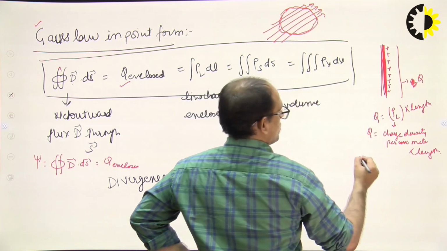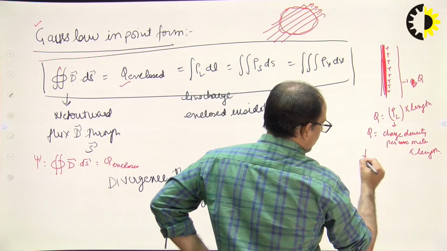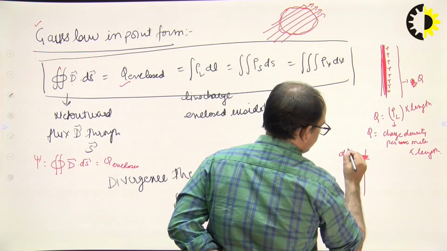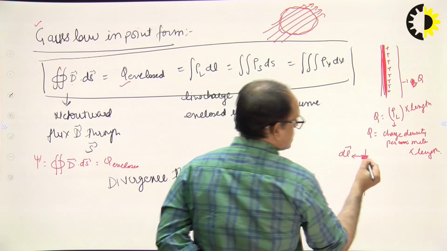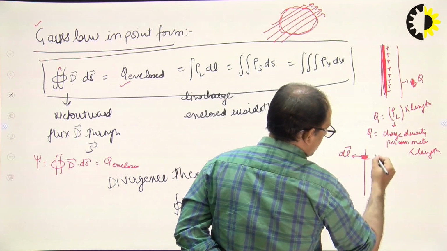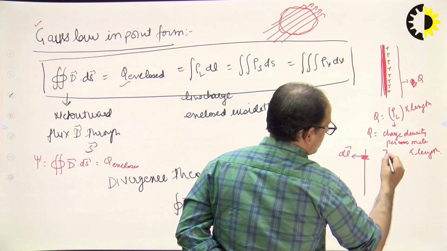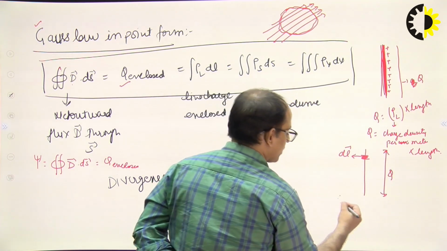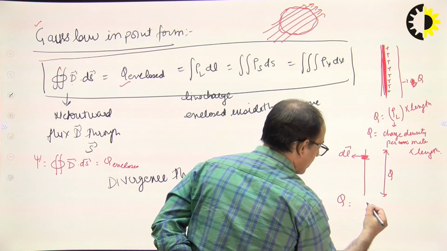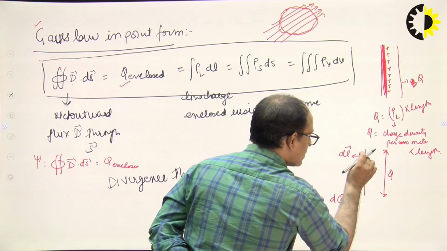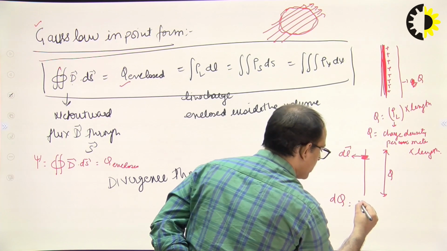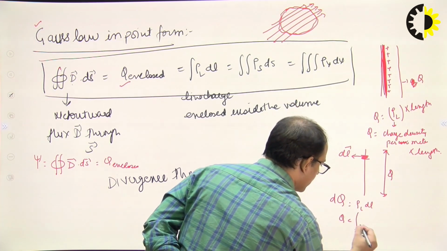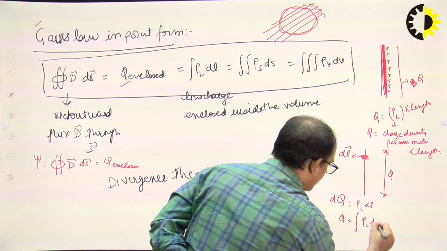For another case, take the differential length dl. If I want to calculate the charge present in this whole line charge distribution, that is Q, then dq, the charge present in this line, is rho L dl, and Q comes out to be the integral of rho L dl.